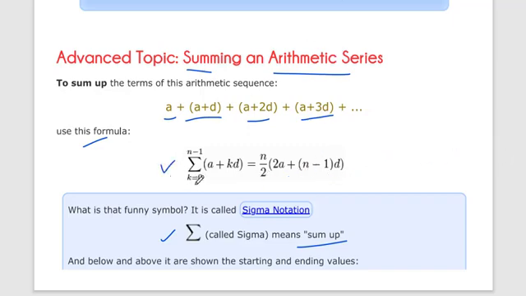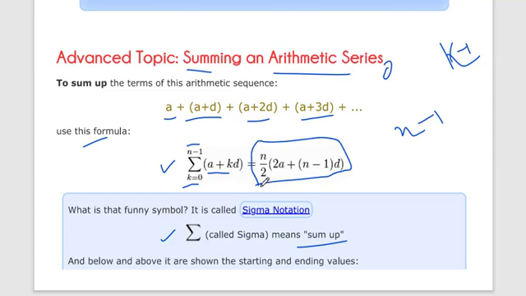Sigma k is equal to 0 to n minus 1 of a plus kd. So we have now 0 to k terms. Here you can see the k minus 1 term, also a plus kd. So the summation is n by 2 times 2a plus n minus 1 into d. You have to remember this equation.